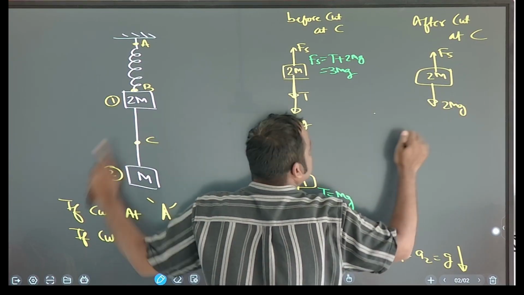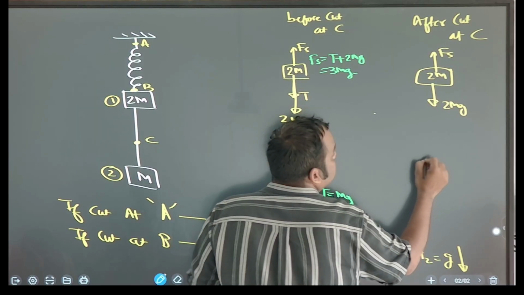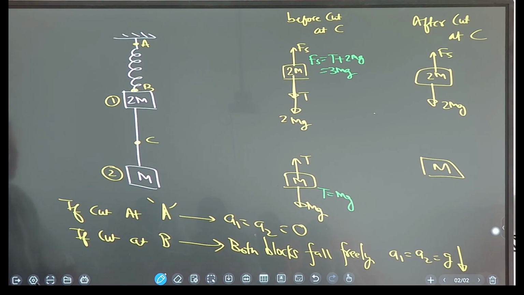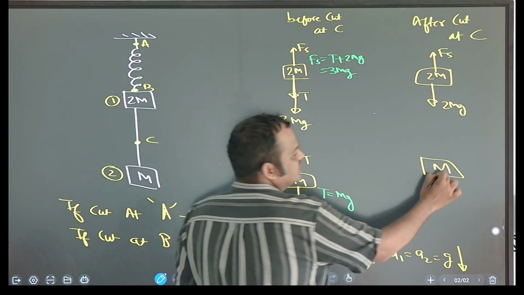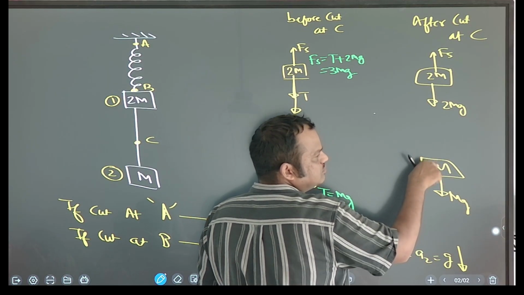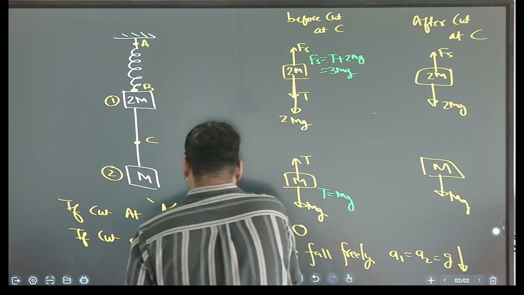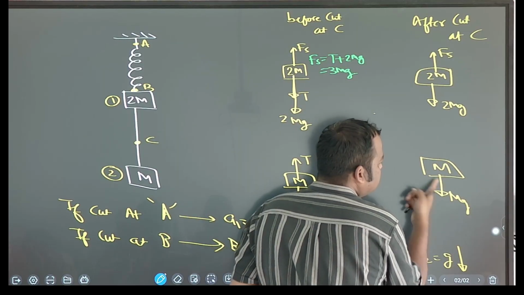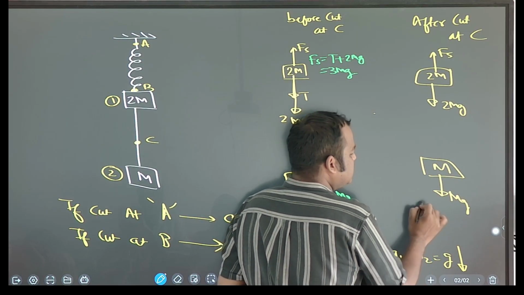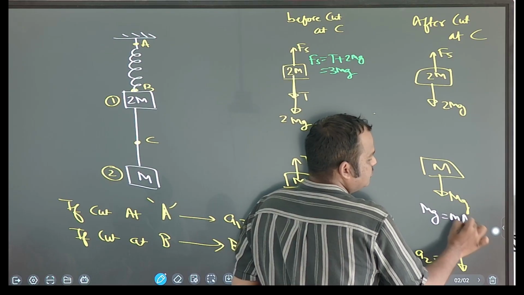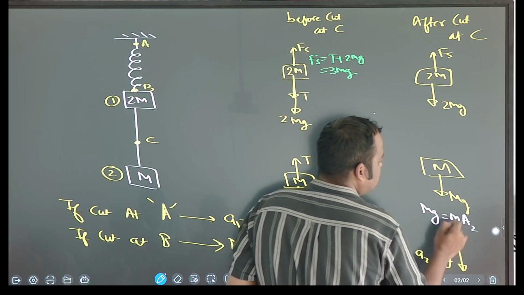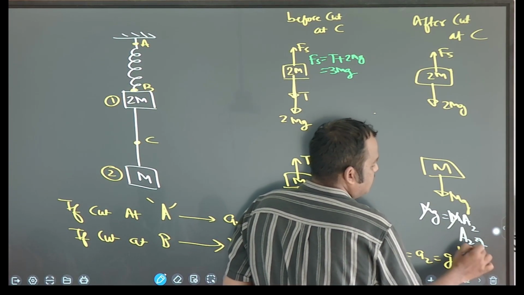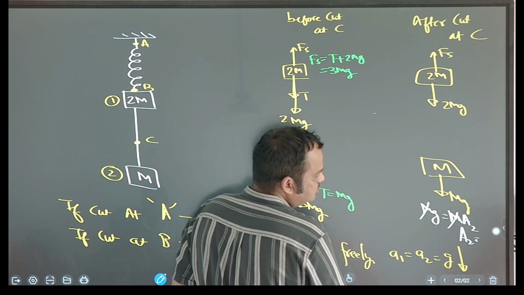String cut. And for m, downward force, mg. Any tension? No tension. So now find acceleration of this. What is the downward force? Mg. So mg is equal to ma2, cancel. So what is acceleration? G. And direction of acceleration? Downward.